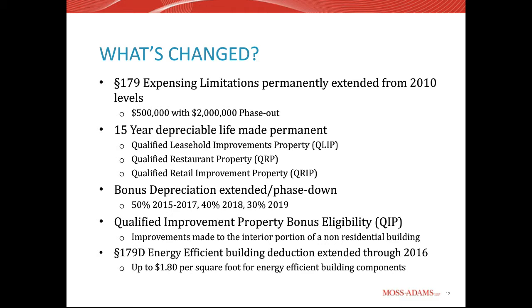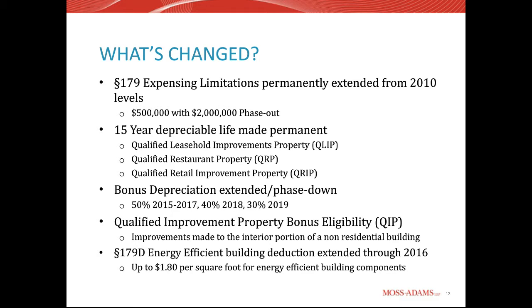I would assume that a lot of owner-occupied properties will end up taking advantage of this, and it's a great benefit. But again, it's only for non-residential buildings, so typically skilled nursing and assisted living that falls under the 27.5-year life will not qualify for the qualified improvement property bonus depreciation.